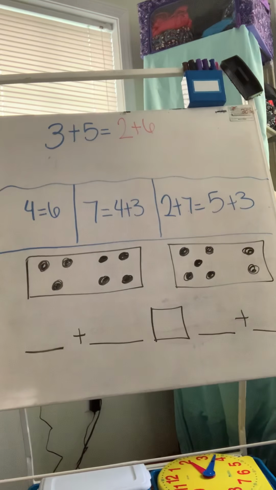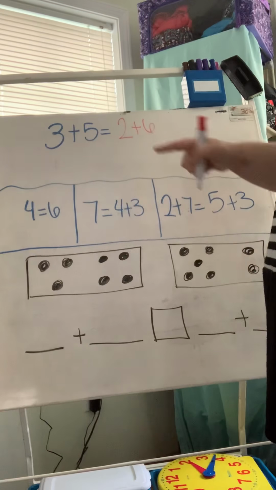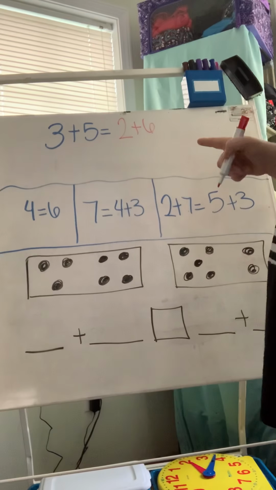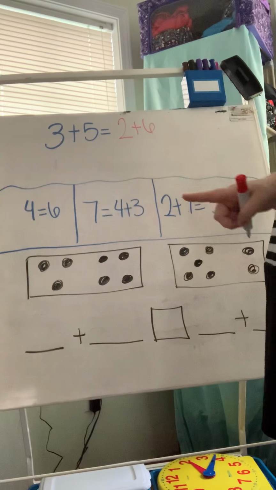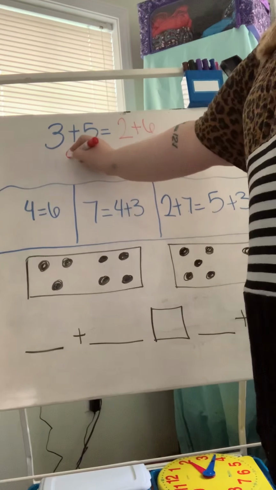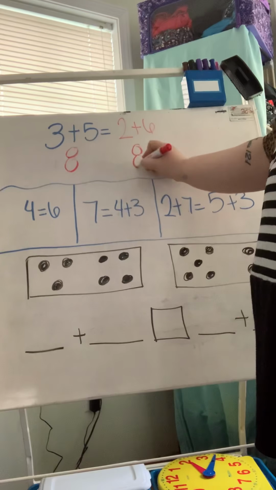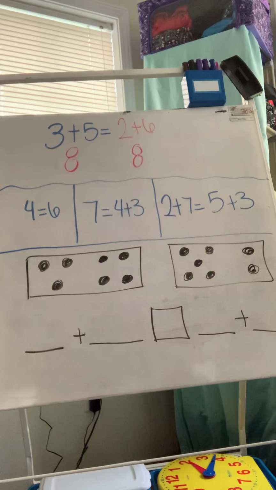So we really have to make sure that students, whenever you are looking at this, are taking your time and adding those up, because just because the numbers are different doesn't mean that it's false or unequal. So 3 plus 5 is equal to 8, and 2 plus 6 also equals 8. So this equation would be true.